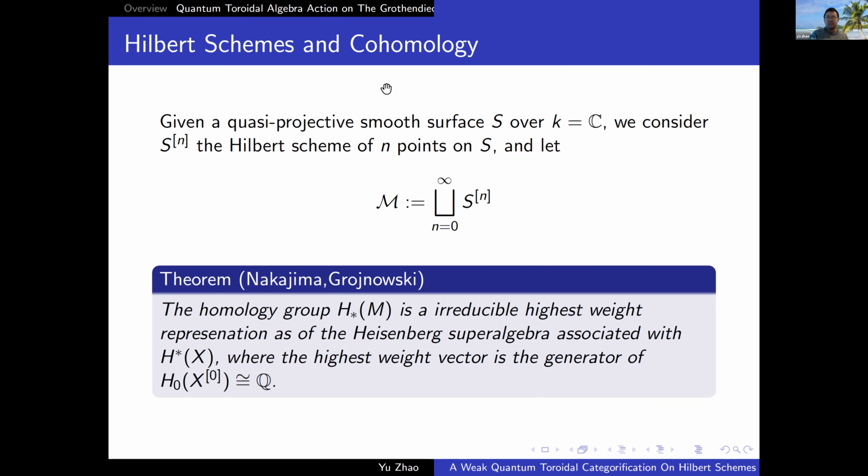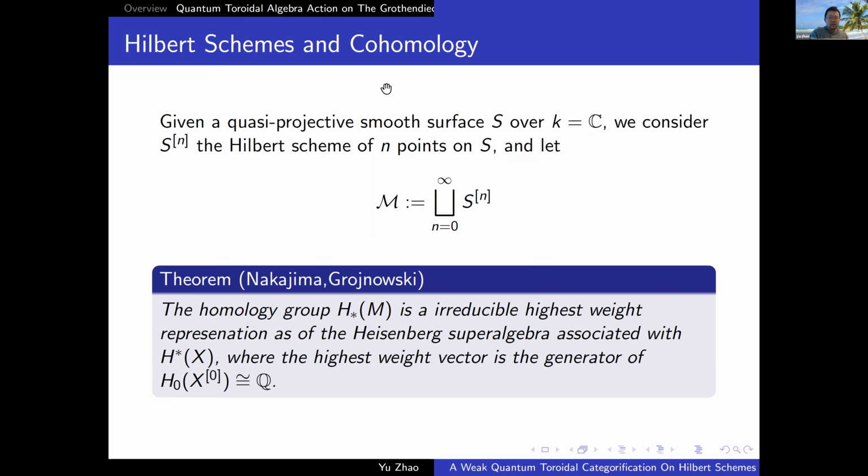Here the Heisenberg superalgebra would involve part of the Heisenberg algebra, and also a part of the Clifford algebra, associated to the cohomology ring of S. And the highest weight vector is the case of 0 points, so the cohomology is actually Q.